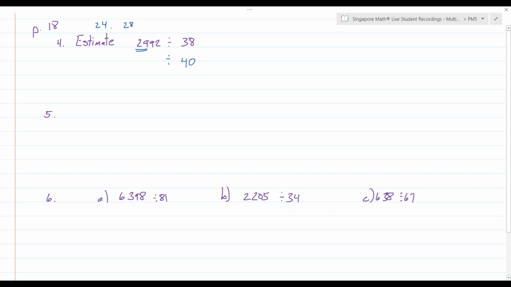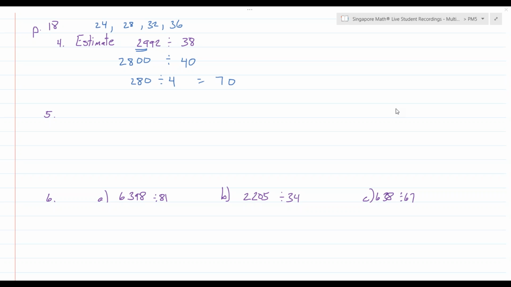If I count by fours, I get to 24, 28, 32, 36, and of these numbers, 28 is the closest. So 2800 divided by 40 is the same thing as 280 divided by 4. 28 tens divided by 4 is 7 tens.